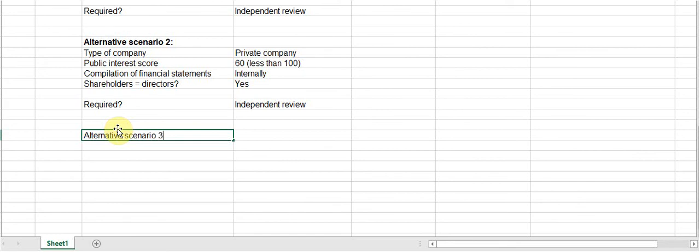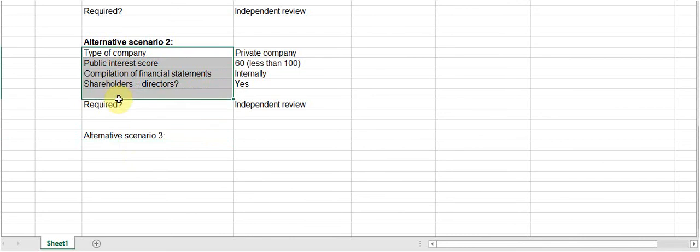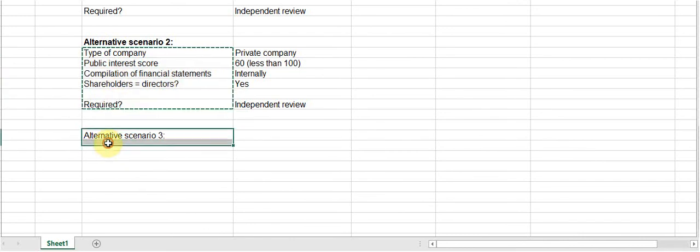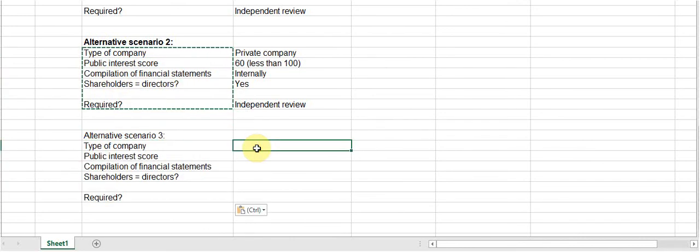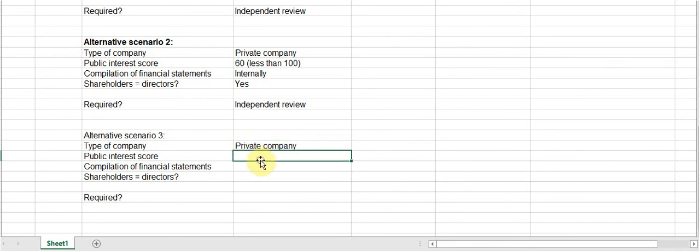So alternative scenario 3 is what would happen if you have a private company and the public interest score is, let's say, 320.